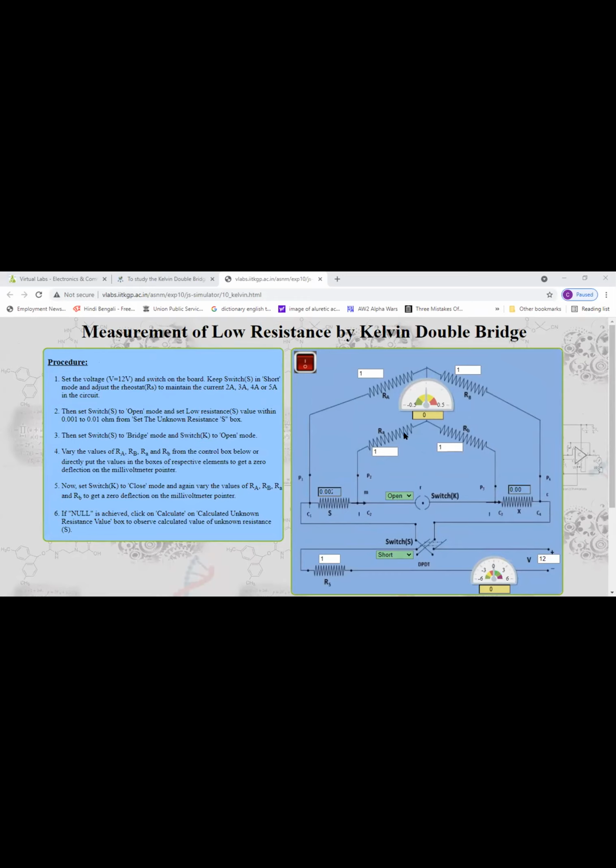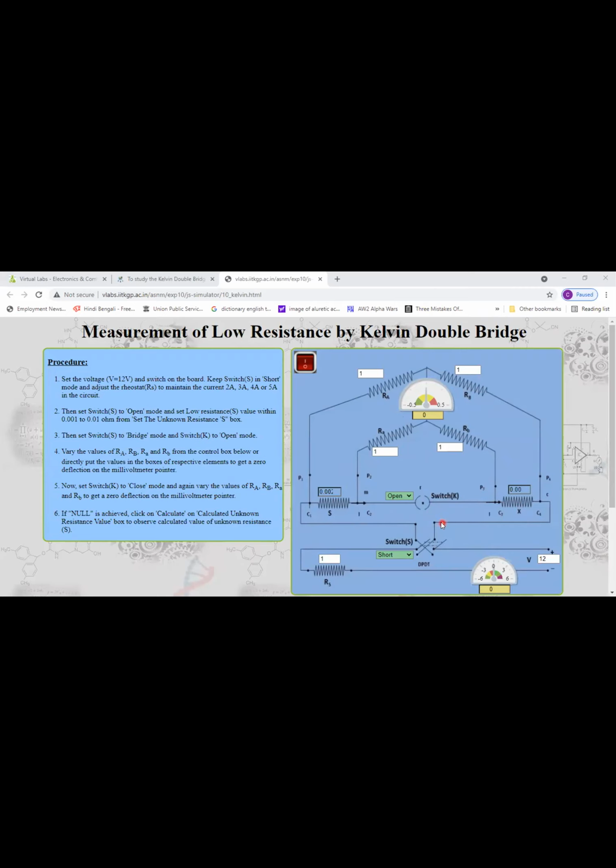This is P and Q, capital P and Q, and this is small p and small q. In a normal Wheatstone bridge there is only P, Q, R and S, but in this case you can find capital P, capital Q, small p, small q, and this is S and this is R. In between there is a very small resistance, generally of 1 ohm.